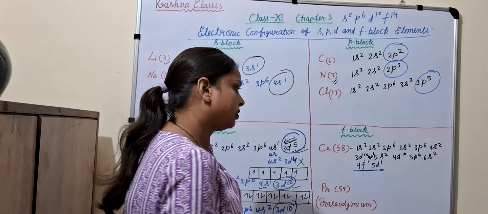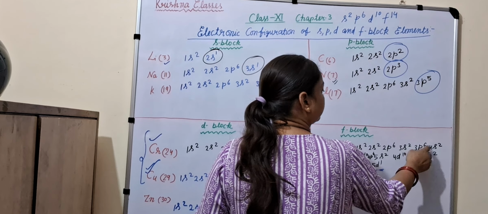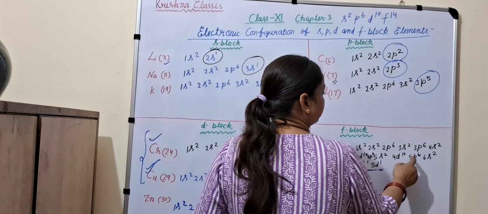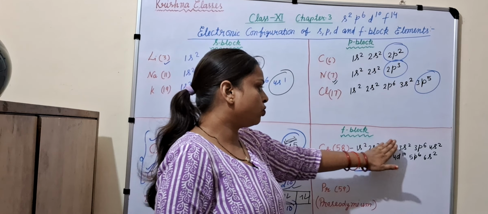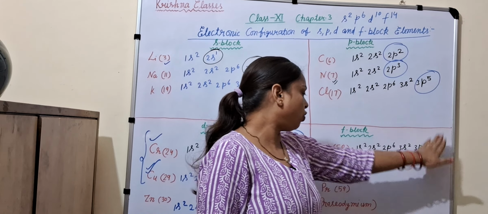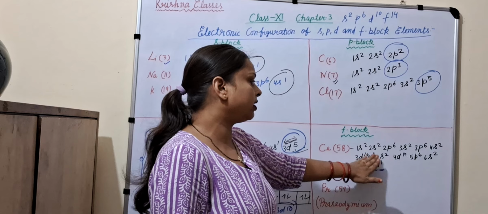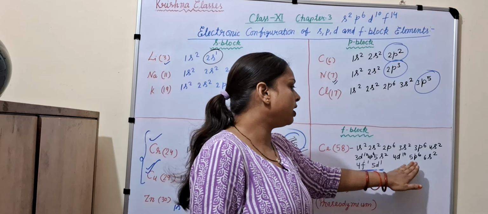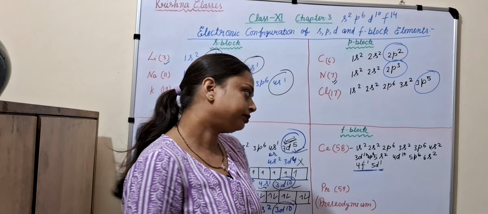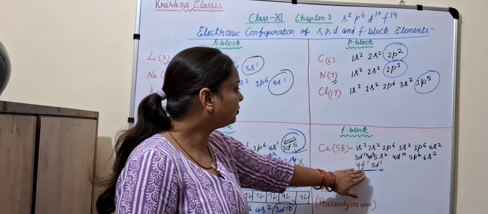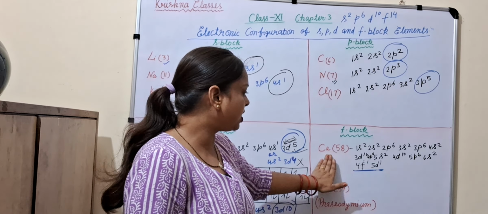Now this is correct: 1s2, 2s2, 2p6, 3s2, 3p6, 4s2, 3d10, 4p6, 5s2, 4d10, 5p6, 6s2, 4f1 and 5d1. So this is the electronic configuration of cerium.